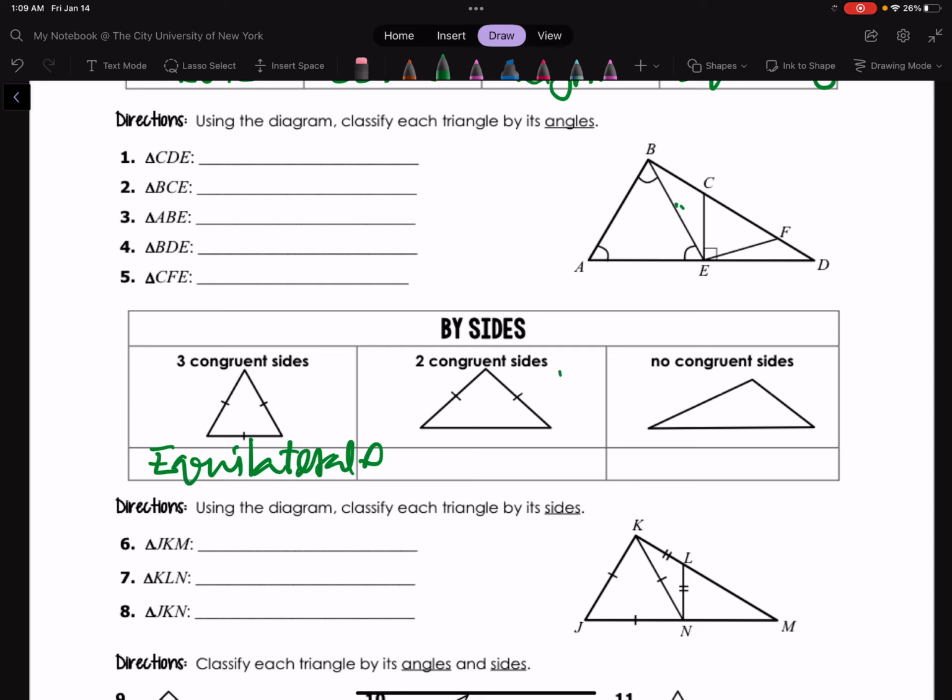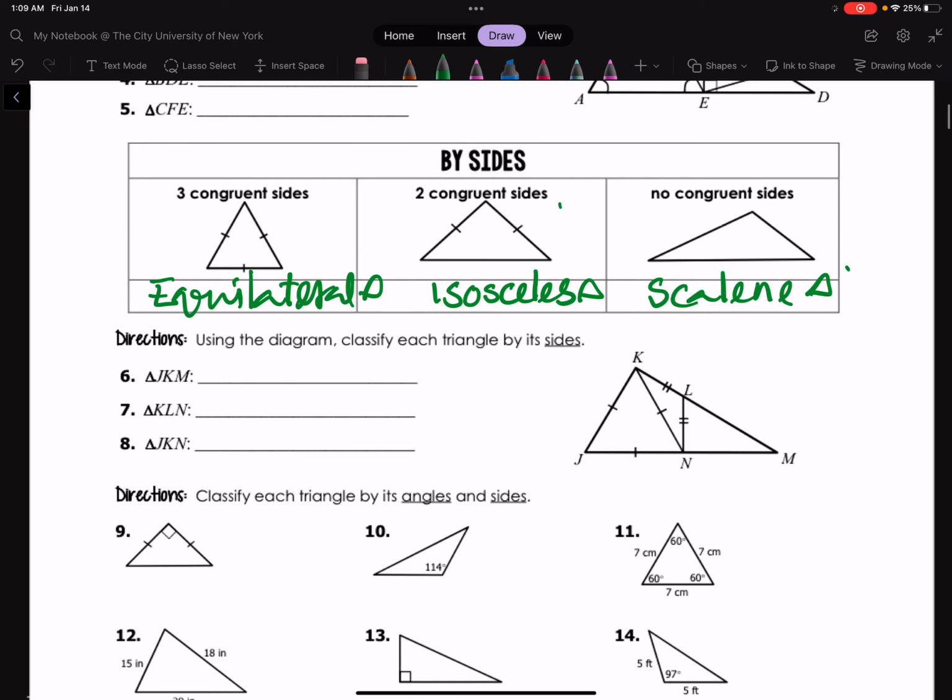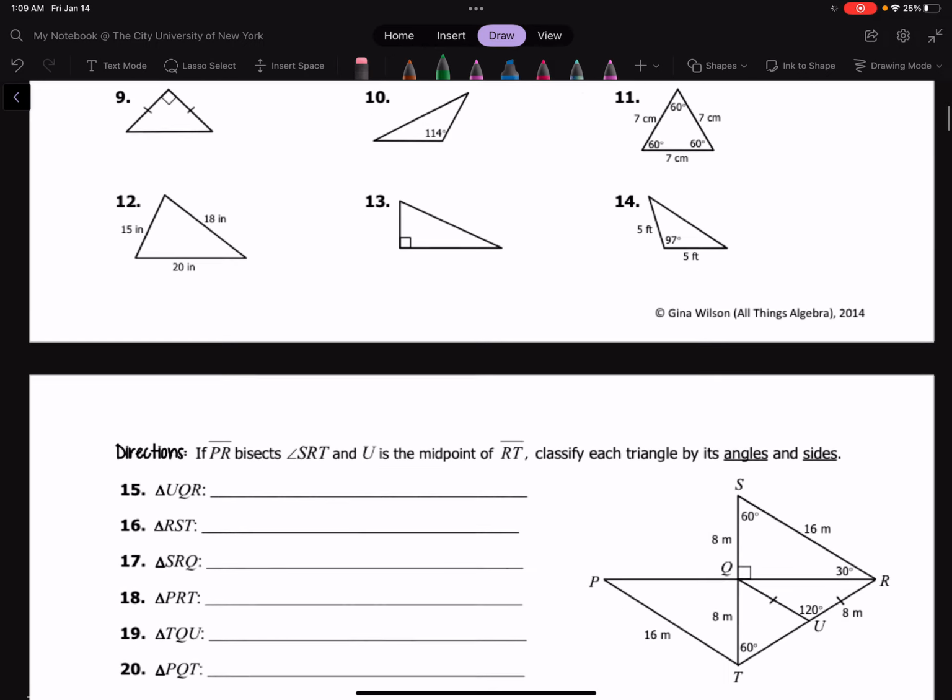Two congruent sides, isosceles. And no congruent sides, scalene triangle. I'll give you an assignment of sample problems, so you should be able to do that.